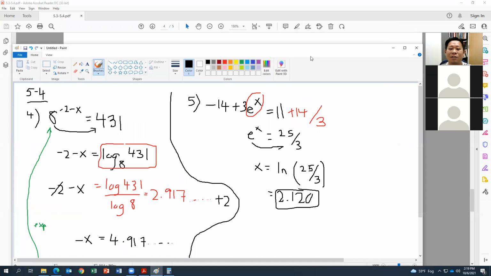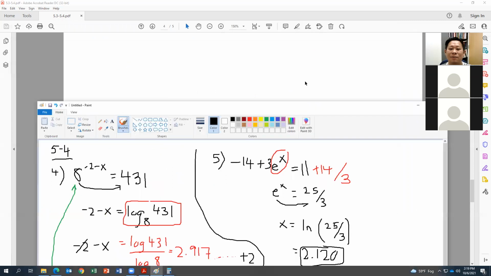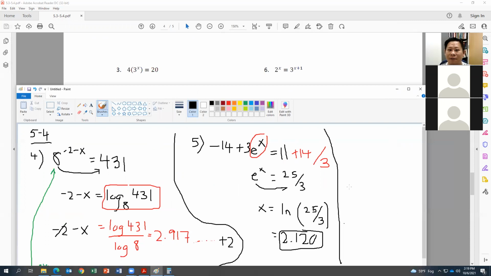Now, let's try question 6. So 6 is a little bit tough. These are all different types of questions.